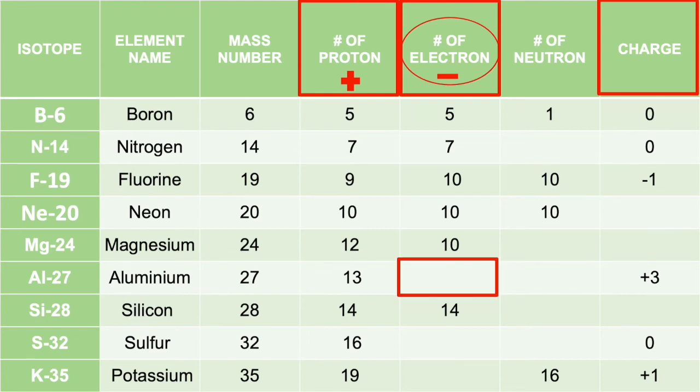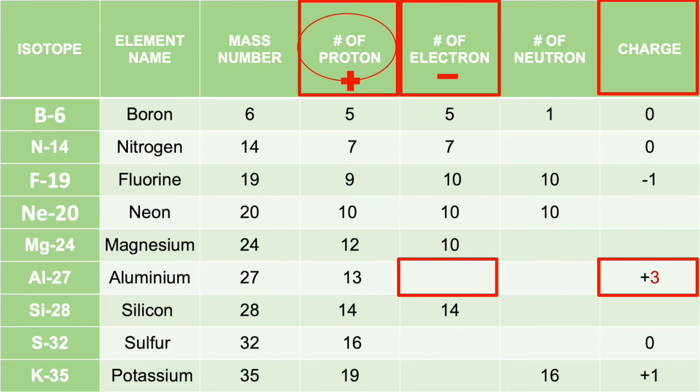Let us try and answer aluminum. Our aluminum has a +3 charge. A +3 charge means that it has 3 more protons than electrons. Take note that proton is positive.